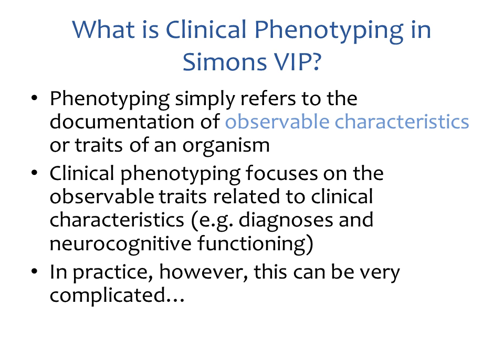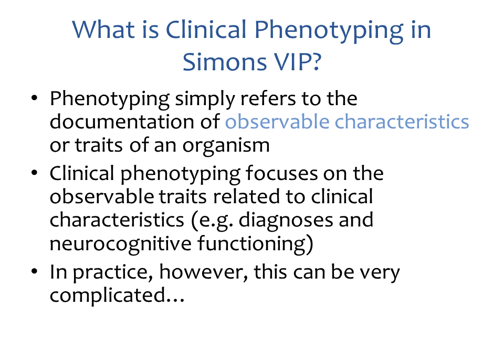And clinical phenotyping focuses on those observable traits or characteristics that are tied to clinical characteristics. That is, diagnoses, neurocognitive functioning, traits that are related to how someone fares day to day, and the clinical considerations related to that.